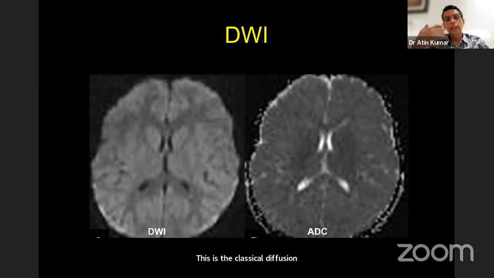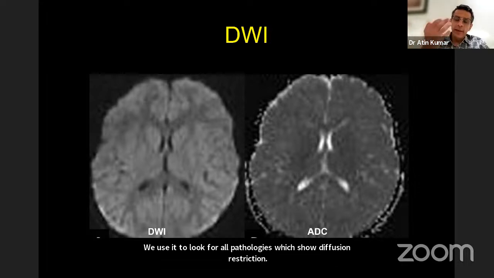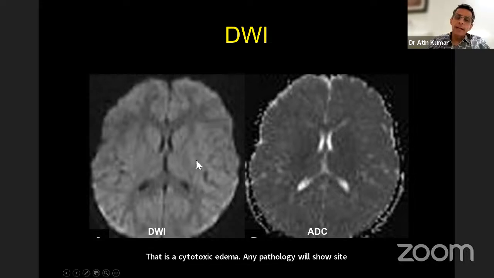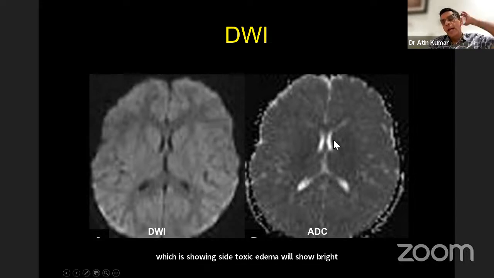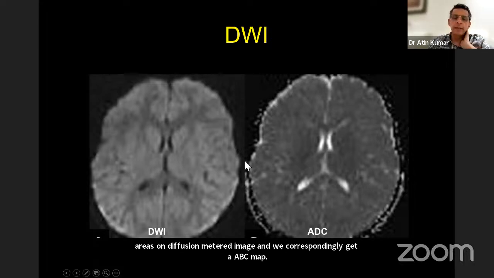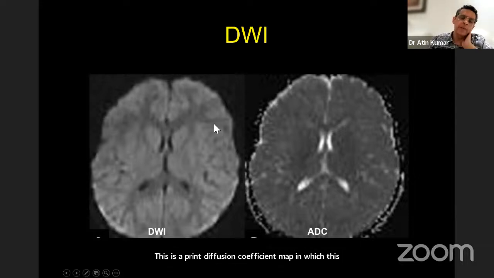Where do we use it? We use it to look for all pathologies which show diffusion restriction. That is a cytotoxic edema. Any pathology which is showing cytotoxic edema will show bright areas on diffusion weighted image, and we correspondingly get an ADC map. This is the apparent diffusion coefficient map, which is nothing but an accompaniment of a diffusion weighted image.